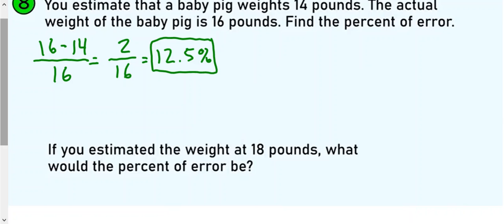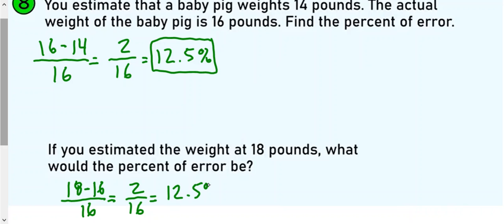In this case, 18 is the big number, so that would be 18 minus 16, and then the actual weight is 16. So 18 minus 16 is 2, divided by 16 again, and so that would be 12.5% as well.